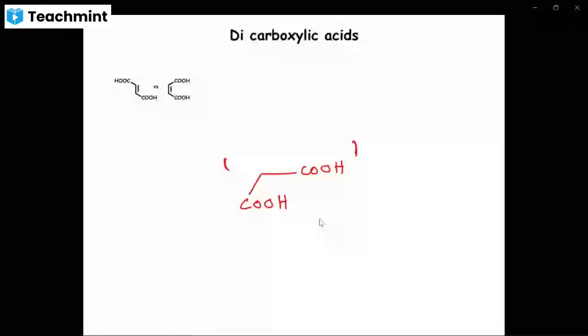So if you consider the acidity of CH3 COOH and this one, so this is A, this is B, which one is more acidic? Acetic acid and malonic acid.